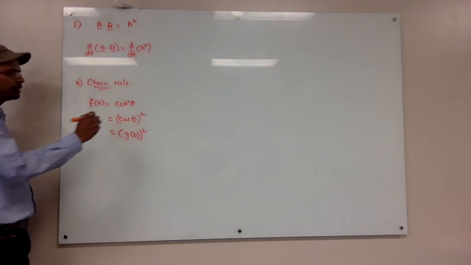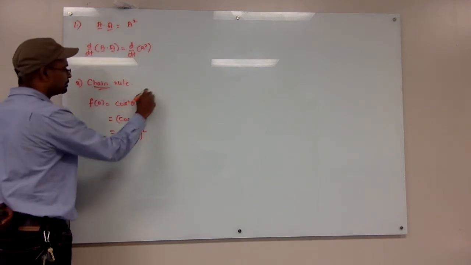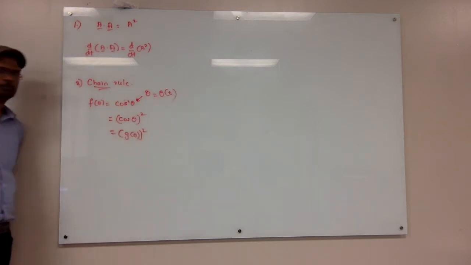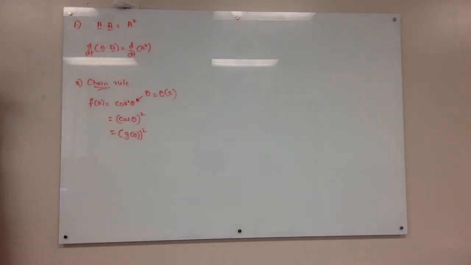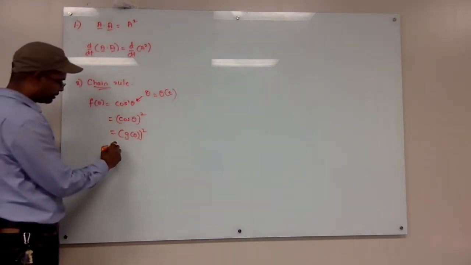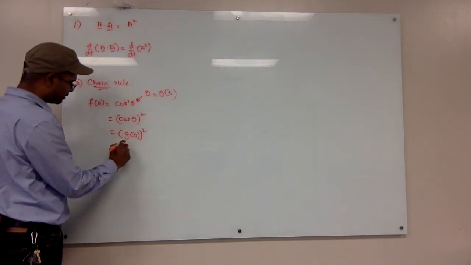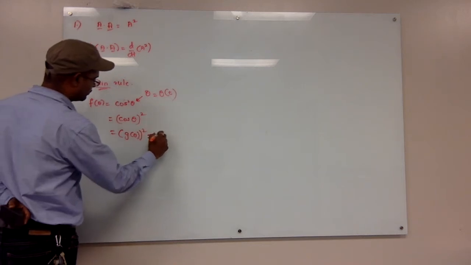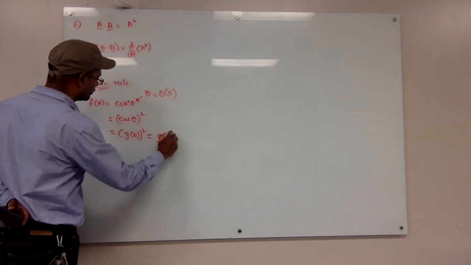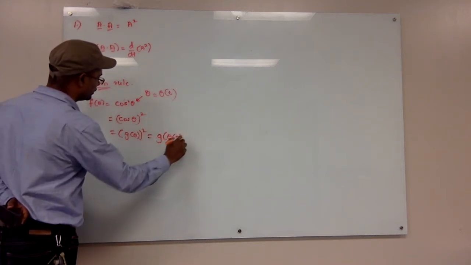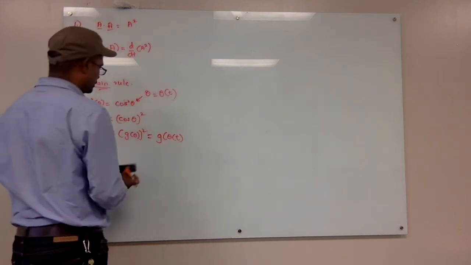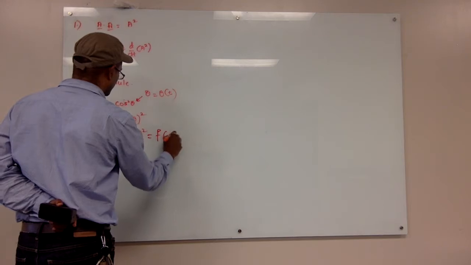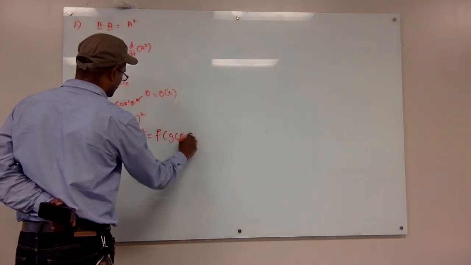And theta itself is a function of time. So now you're looking at this as g of theta of t, and if I write it completely, it is f of g of theta of t.